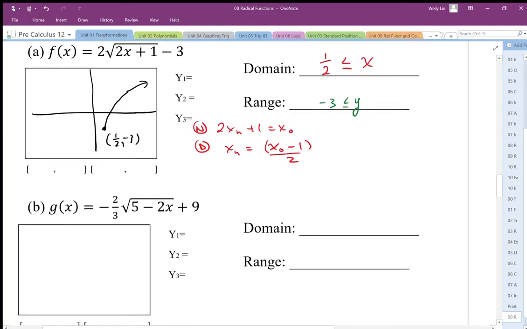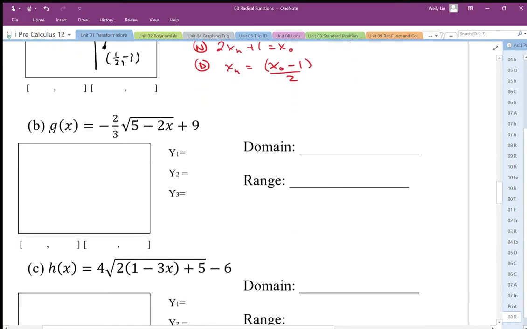So we can do the same thing with these ones here. Let's do this one from a domain restriction perspective, where we want to find out what the domain is restricted to. Well, we have to figure out the 0 first. It's going to be at positive 5/2. And which side of 5/2 is it going to be?